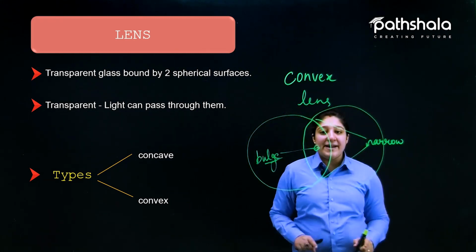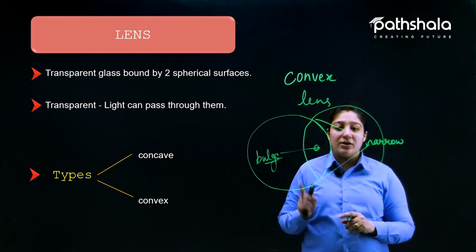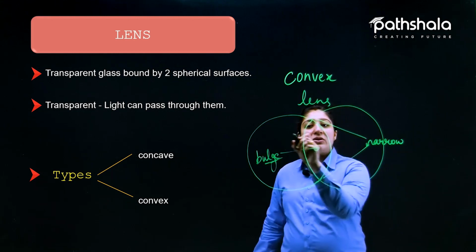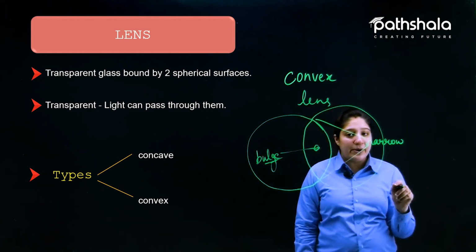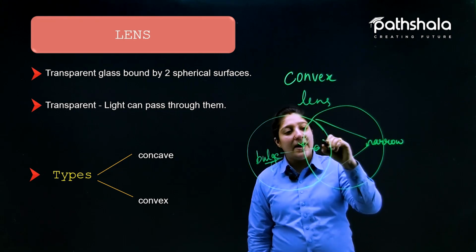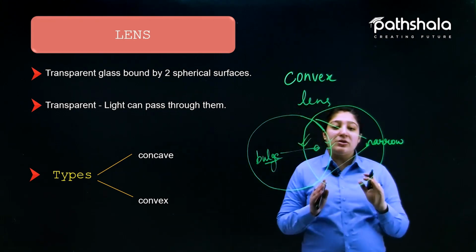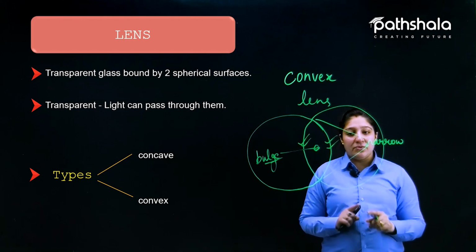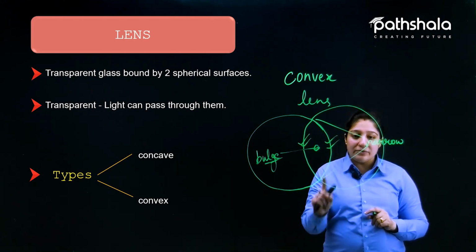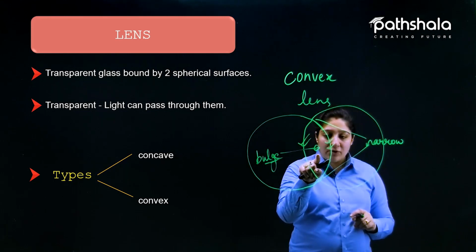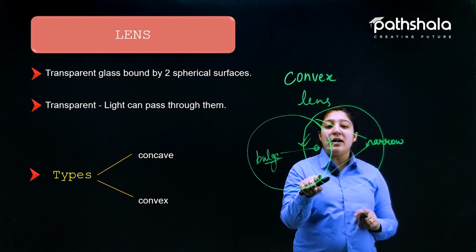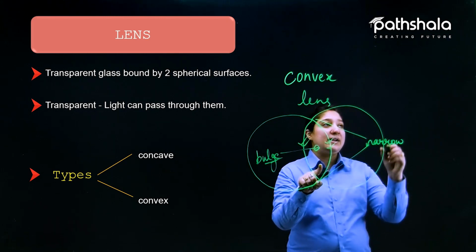That's why the point shows transparent glass. Why transparent? Because all the light rays can pass through it, bound by two spherical surfaces. One is this and the other one is this. So the one which is bulged from the center and narrow from the ends, this is a convex lens.